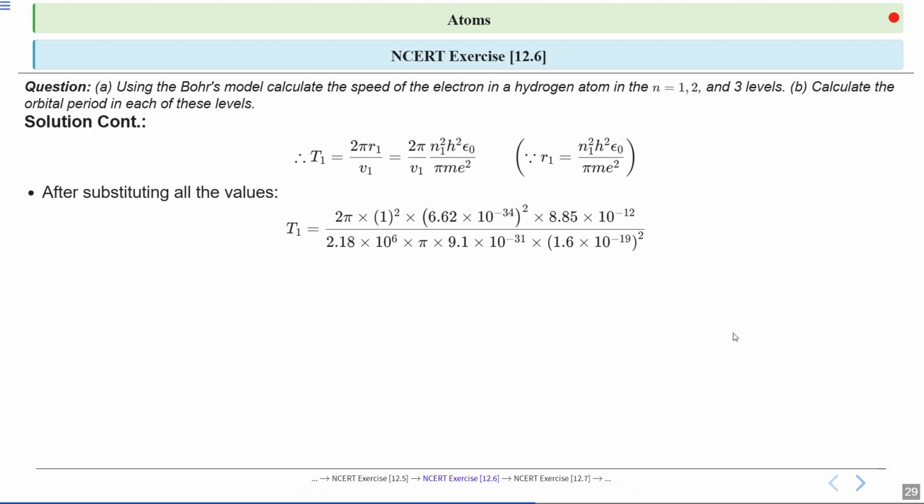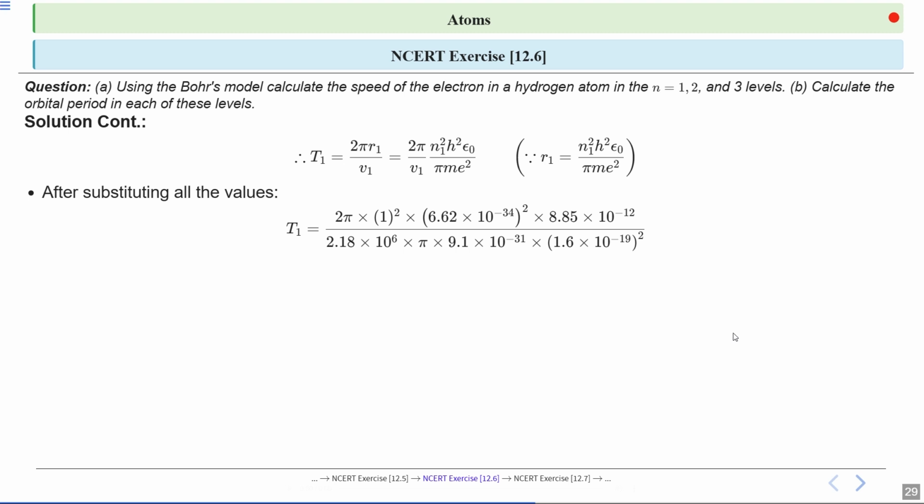We have T1 equals 2 pi times 1 squared times 6.62 times 10 to the power minus 34 squared multiplied by 8.85 times 10 to the power minus 12, all divided by 2.18 times 10 to the power 6 times pi multiplied by 9.1 times 10 to the power minus 31 multiplied by 1.6 times 10 to the power minus 19 squared.